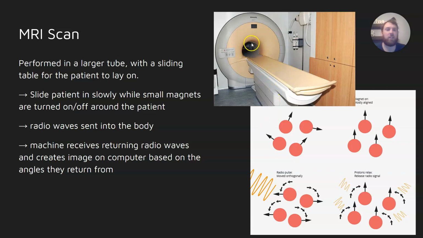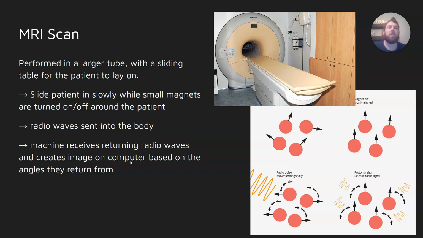But we slide the patient in just like before, and this time around, there's actually a rotating magnet that's turned on and off over and over again that causes the particles inside of the body to actually align, which is really neat because then when we send radio waves through, instead of high intensity light waves like radiation, these radio waves are going to bounce off of these particles at specific directions and create this computer image that's really fascinating.